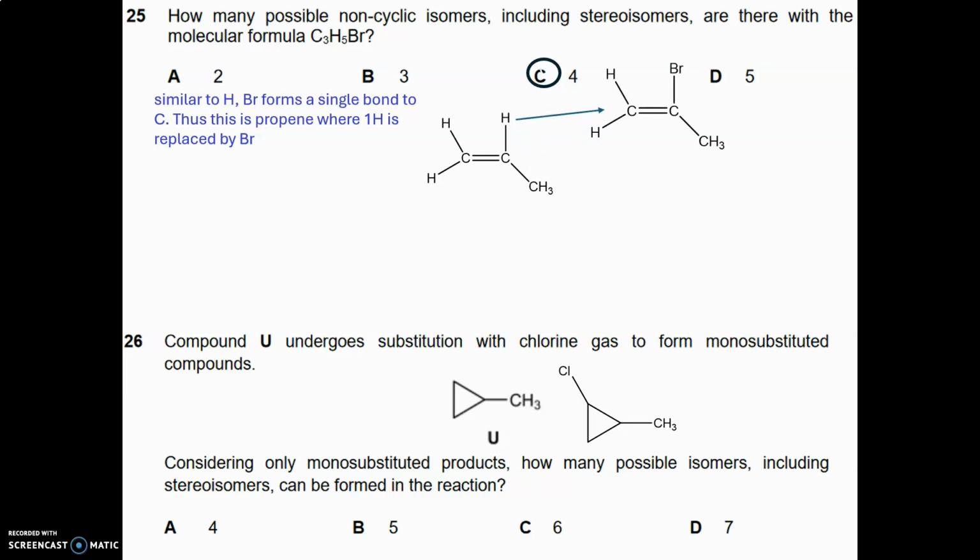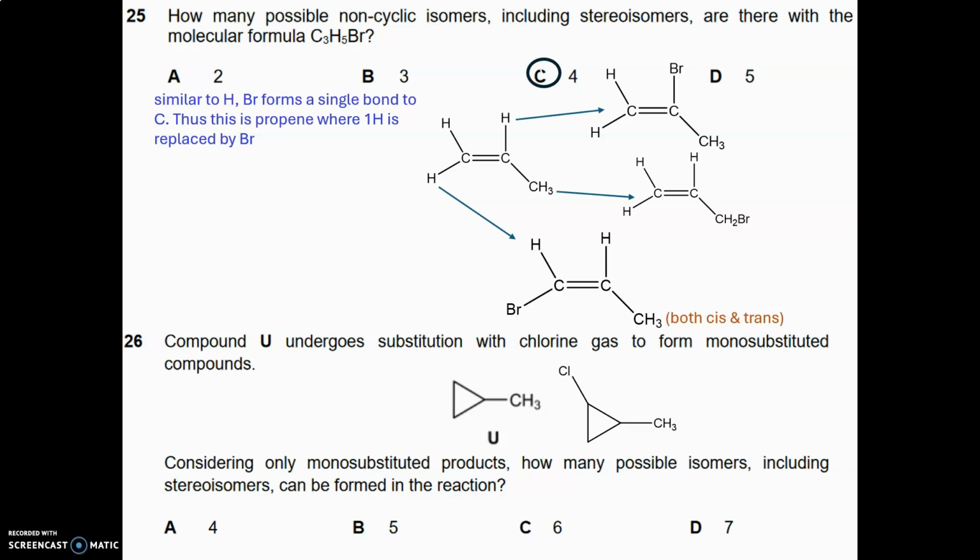So this is one. If I replace one of the hydrogens on the CH3 with a Br, I get the second isomer. And thirdly would be this. And you notice that for this third one, each carbon has two different groups attached to it, which means that it can exhibit cis-trans isomerism. So total there are 4 isomers including stereoisomers.